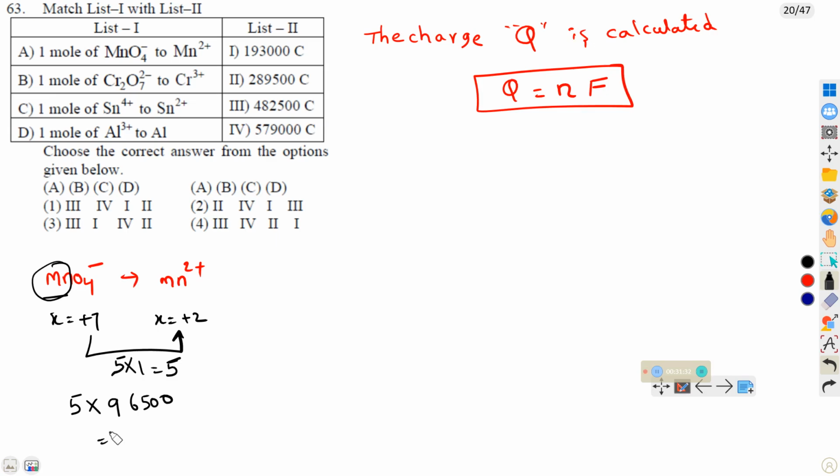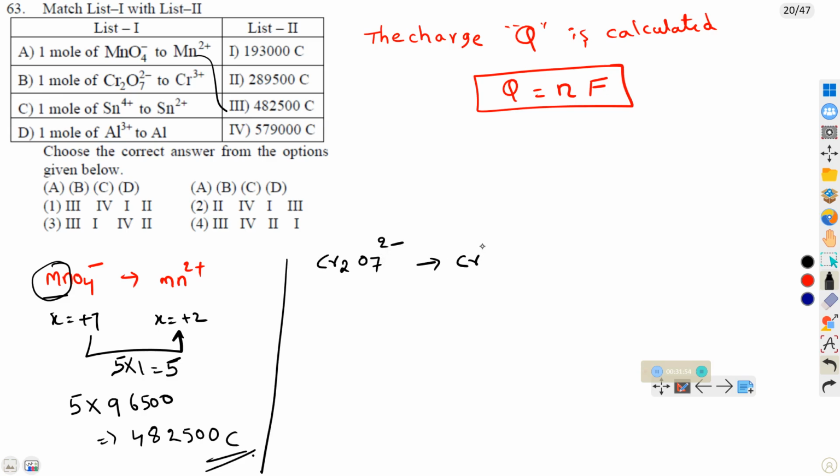So 5 Faraday, where 1 Faraday is equal to 96500 coulombs, then you will get 482,500 coulombs. 1 matches 3. Still 3 options are there. Okay. Next one. Cr2O7 2 minus converted to Cr3 plus. X is equal to plus 6. X is equal to plus 3.